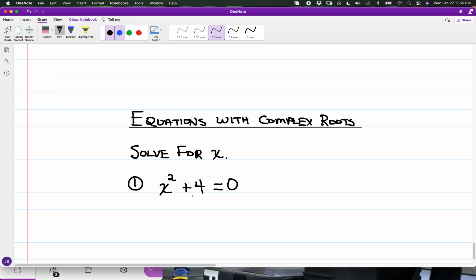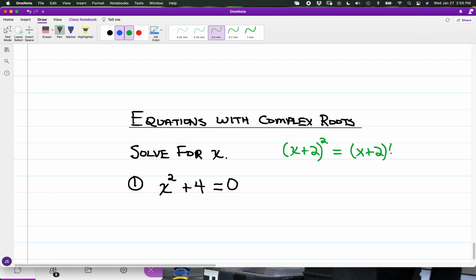Now, if I had a difference of squares, I can say I have the quantity of x plus 2 times that of x minus 2 is equal to 0. But with the sum of squares, I cannot factor into real integer coefficients. Difference of squares, yes, but a sum of squares, I cannot. Some might ask, could it not be x plus 2 times itself?